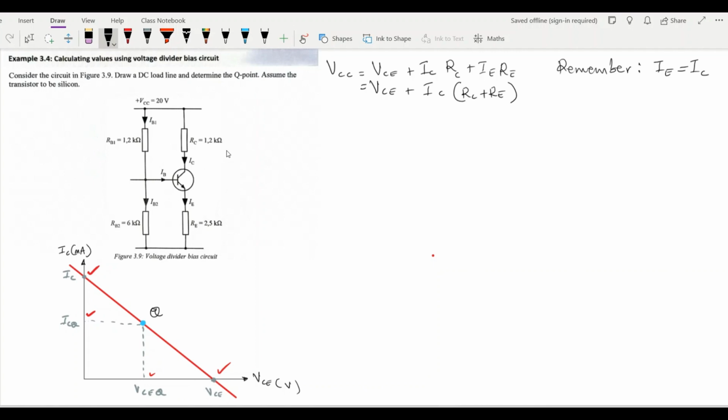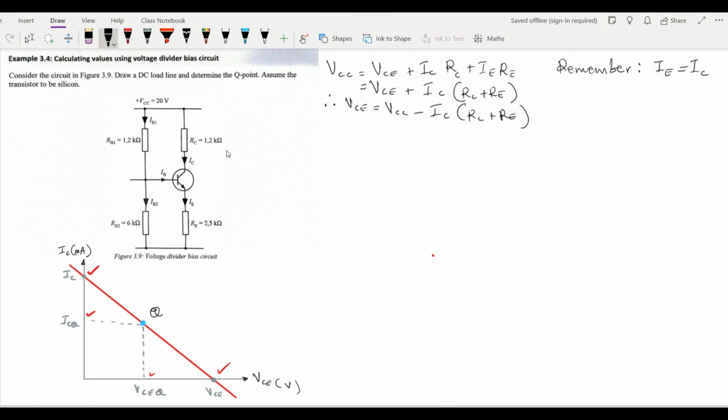Now, because we don't care much about VCC, let's interchange those things and write it in the form VCE is equal to VCC minus IC into (RC plus RE). We include RE because in the circuit we do have RE.